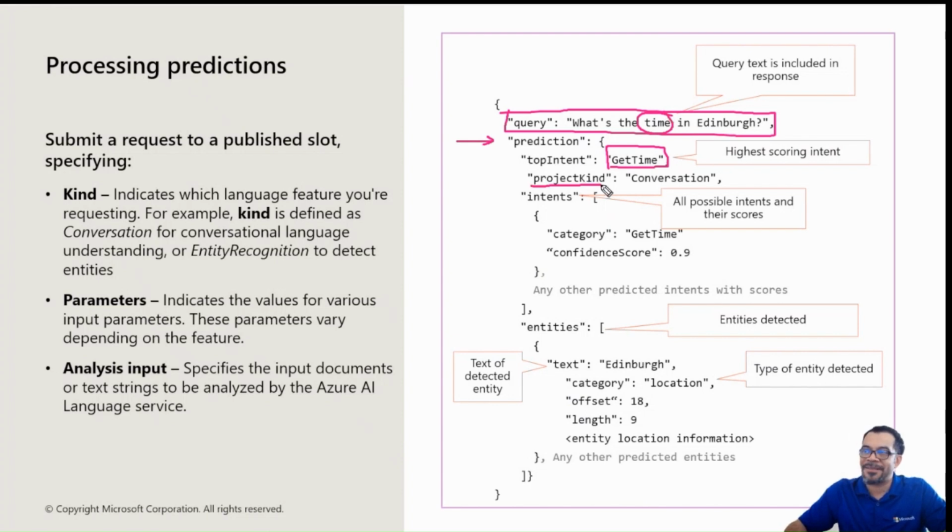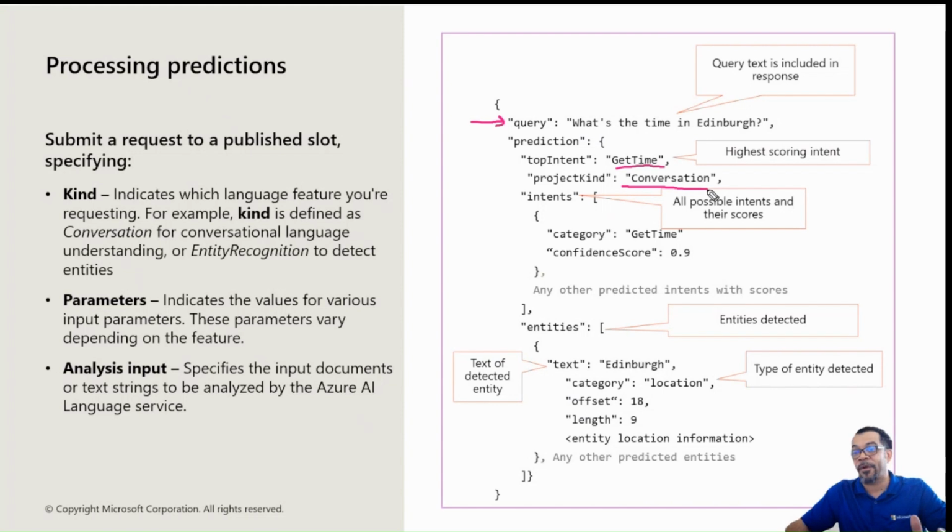Now, the project kind that we have is going to be one of two options. Keep in mind, everything that you see here is our output. It's the output response to what we have based on this question here. So we're going to extract time. The project kind is either going to be orchestration or conversation, and we're doing conversational understanding right now, so it's conversational.